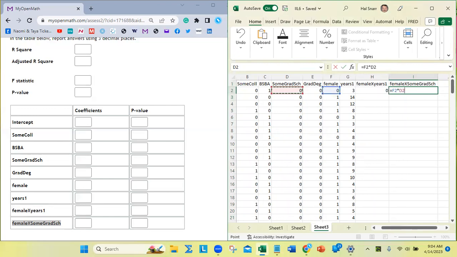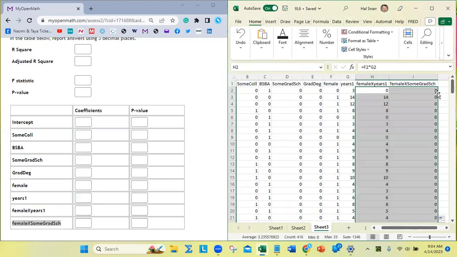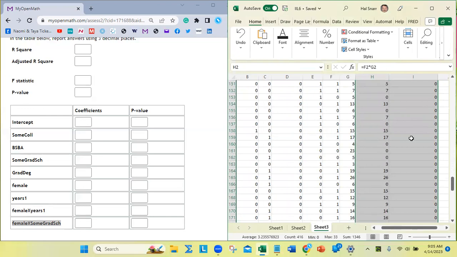I'm going to multiply those together. And your column will be different than mine, so make sure you keep that in mind. Okay, and then that creates the 2 new variables I need. Again, these are called interaction variables, and we'll discuss them more later.